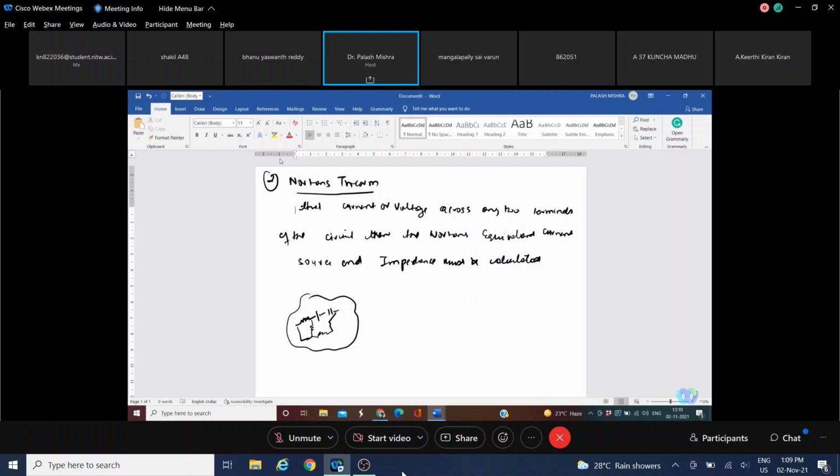If someone asks you to find the current and the voltage between two terminals of the network, then you can use Norton's theorem to get the value of voltage or current through those terminals. What I want to say is, again, suppose this is a network.